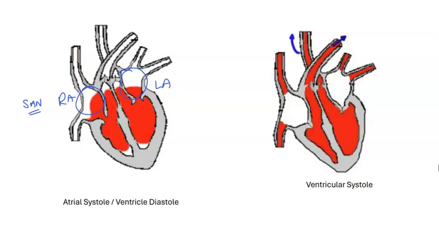And the effect of this is to add an additional volume of blood to the ventricle, or another way to express this is to say that the ventricle is stretched. So the ventricle is now filling up with blood. It's been stretched by the action of the contraction of the two atria.